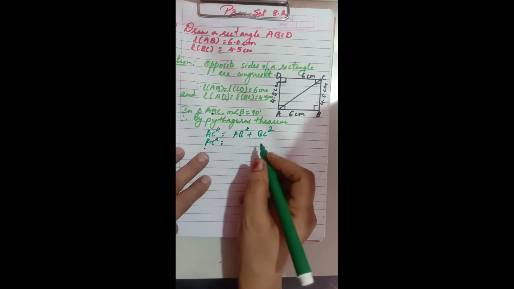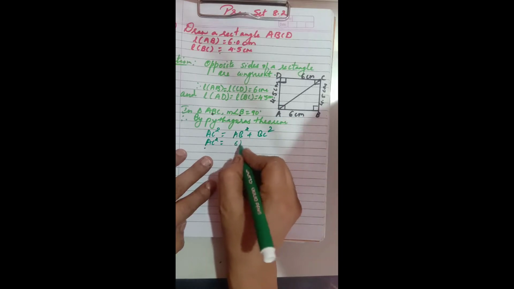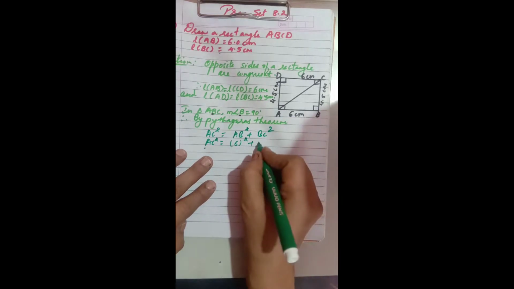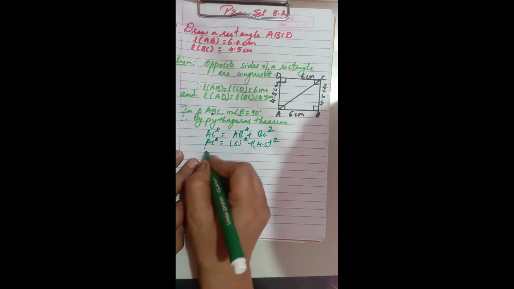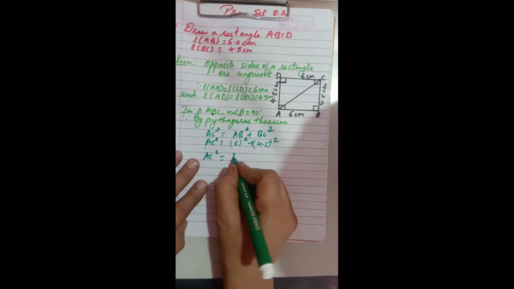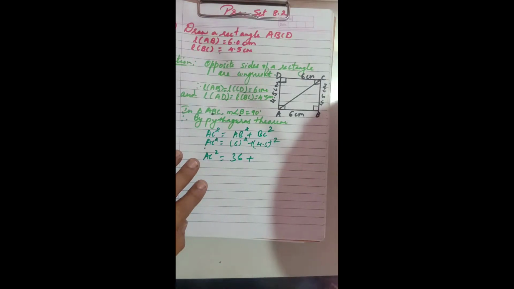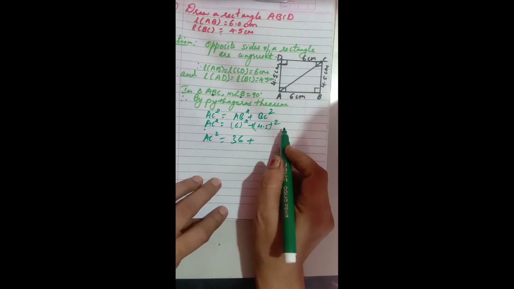AC square is equal to 6 square plus 4.5 square. So AC square is equal to 36 plus 4.5 the whole square.